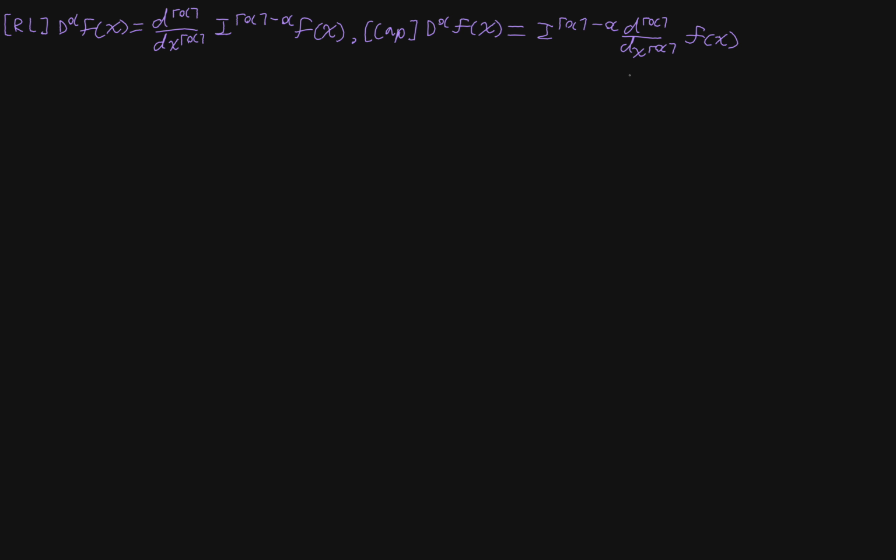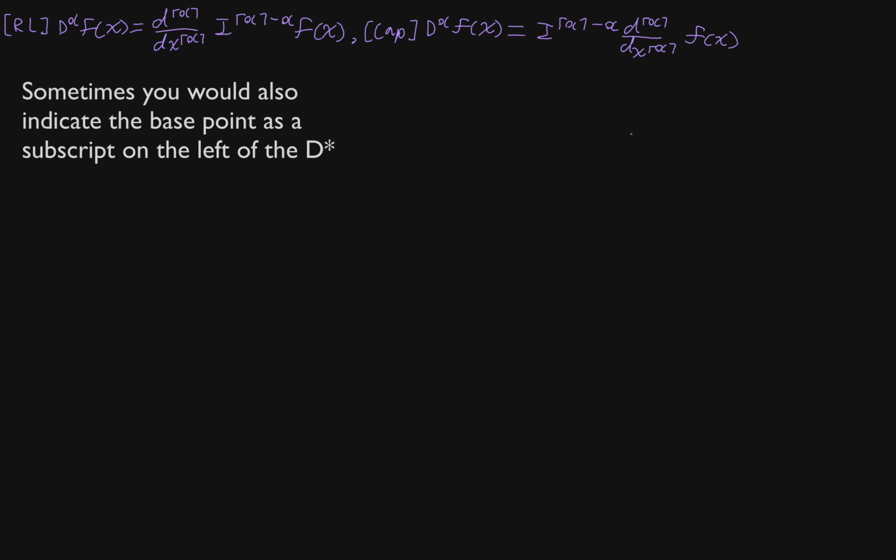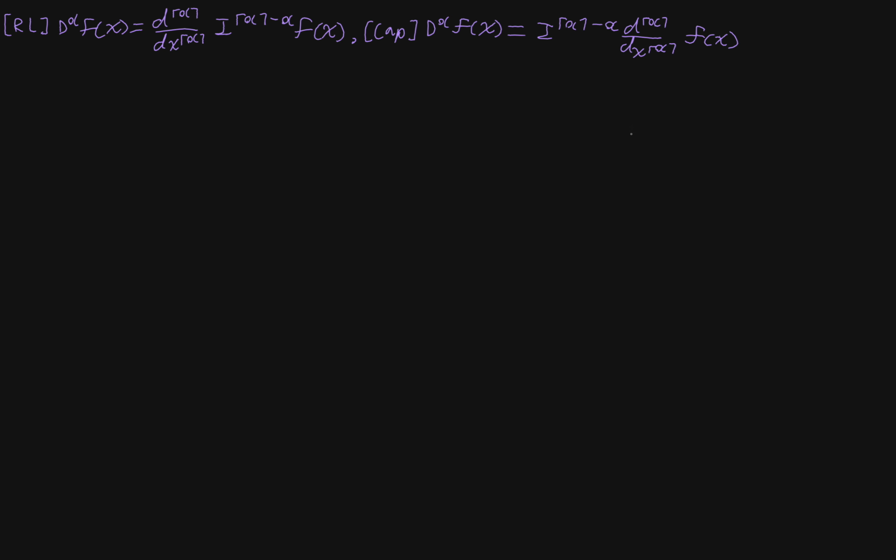One thing is that these both have what's called non-locality because, remember from the fractional integral, it depends on the base point A of integration. So derivatives are not local anymore, at least not local until it becomes an integer. So it depends on other parts of the function.